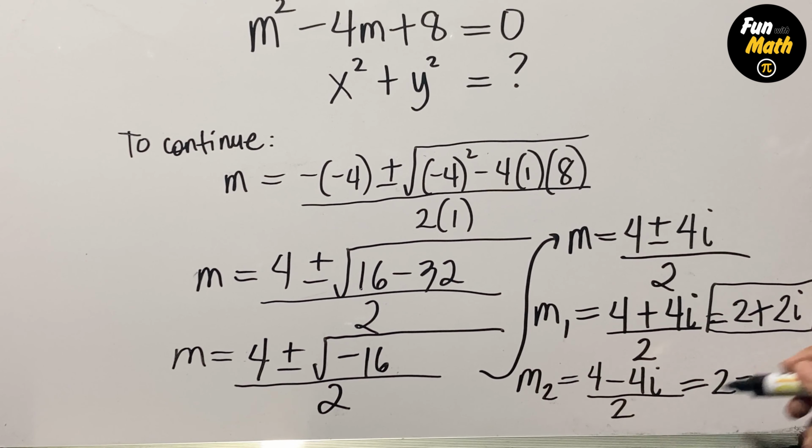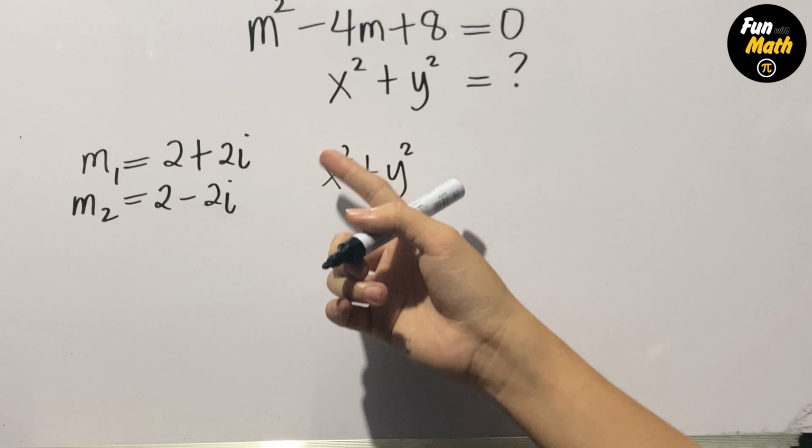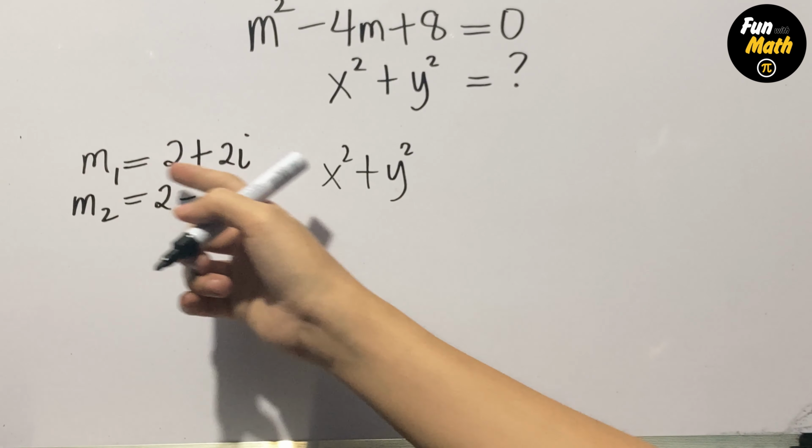And now, since we have the values of m, let's go back to our problem. The problem is, we are going to find the value of x squared plus y squared. So for this one, let x squared be equal to our m1.